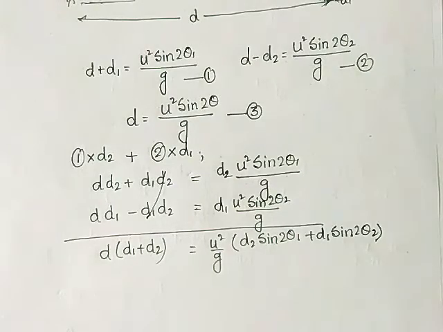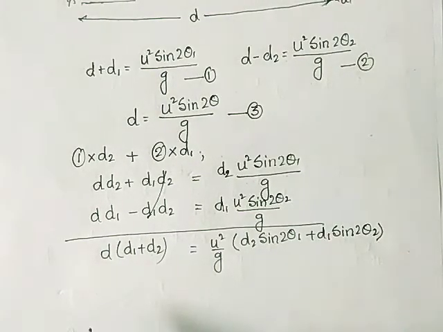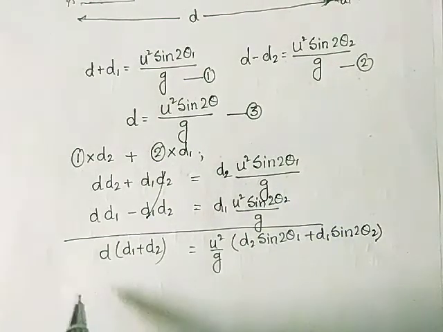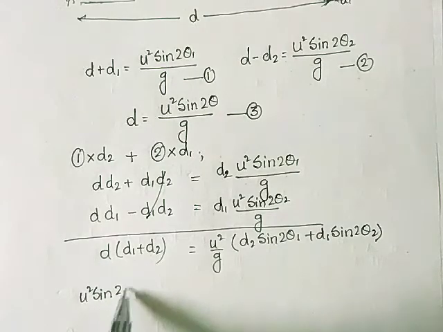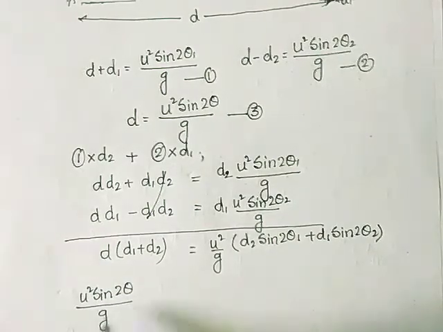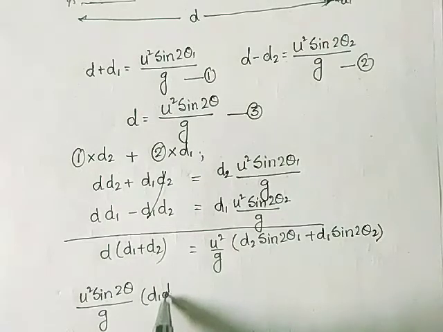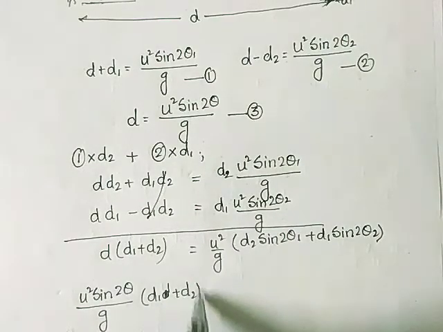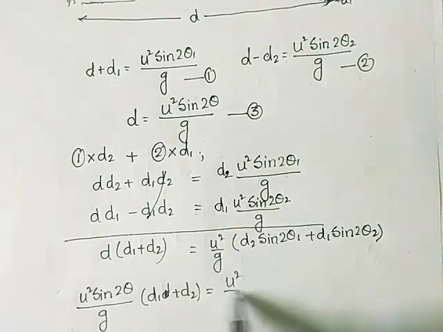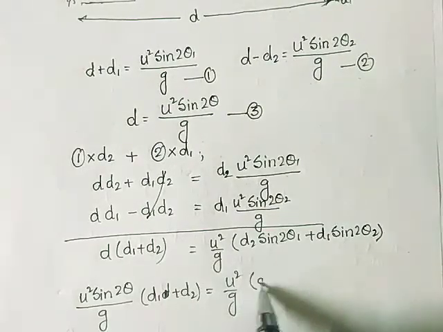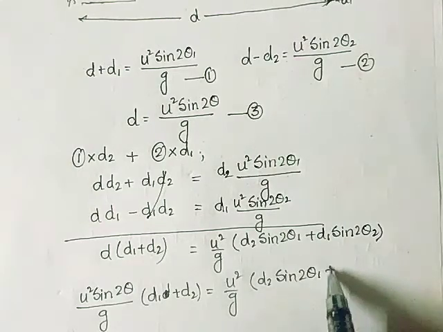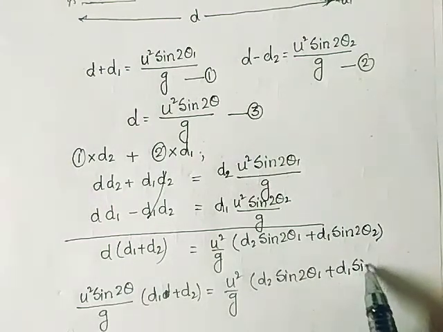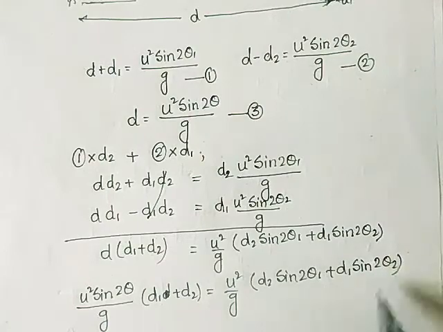Now if I put the value from equation 3, that is u square sine 2 theta divided by g, which is d, here we have d times d1 plus d2 equal to u square divided by g times d2 sine 2 theta 1 plus d1 sine 2 theta 2.